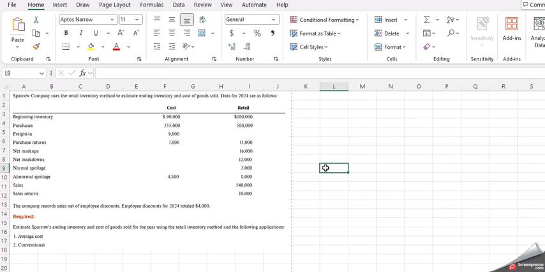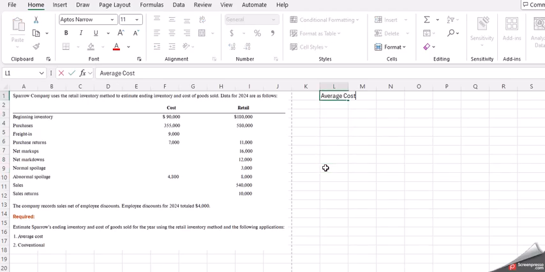Okay, then our last one is the retail inventory method. We've got average cost and then conventional. For average cost, we do the same thing, kind of what we did there.